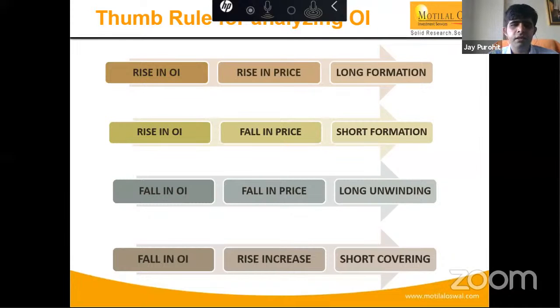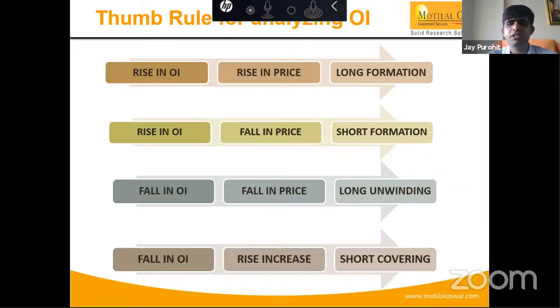Now, if we look at the opposite, when the open interest decreases along with a fall in price, it means the persons who had taken long positions earlier are now squaring off their longs. That is called long unwinding. And when the price increases and the open interest falls, it means the people who had taken short selling positions earlier are now squaring off their positions, and that is considered short covering.